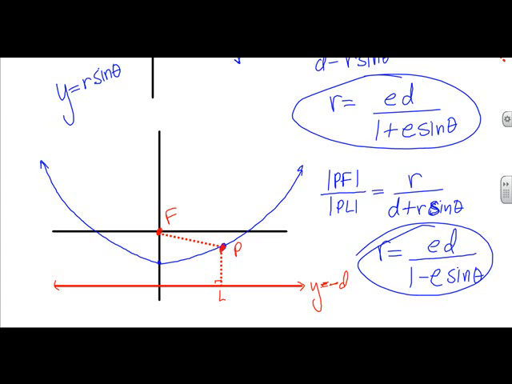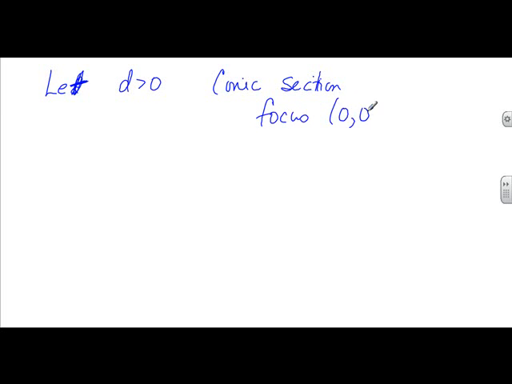What we do is we're going to let D be some positive number. Okay, a conic section with a focus at 0, 0. And the conic section may have another focus, it may not. If it's a hyperbola or an ellipse, there will be a second focus that you've got to find.